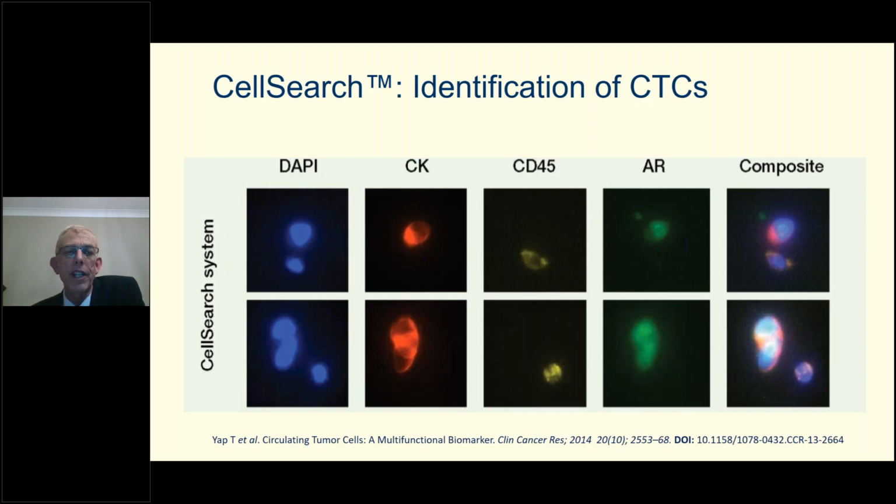But the smaller cell just below that looks like it's of lymphocyte origin, because it is being labeled by the CD45 pan-leukocyte marker. So it gives a potentially very good way in which we can separate out our circulating tumor cells from non-circulating tumor cells, and provide a reasonably accurate enumeration of circulating tumor cells within a cancer patient.